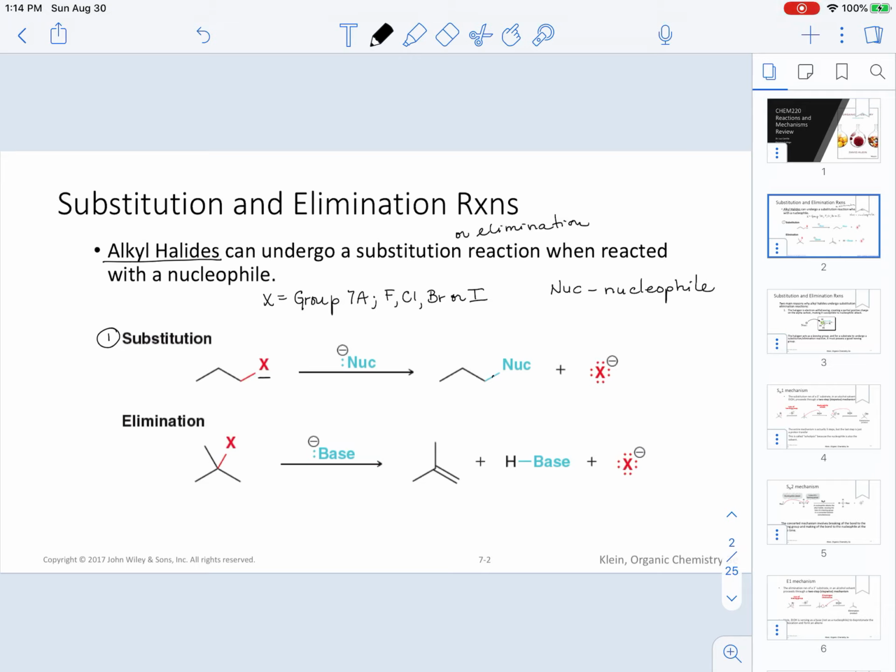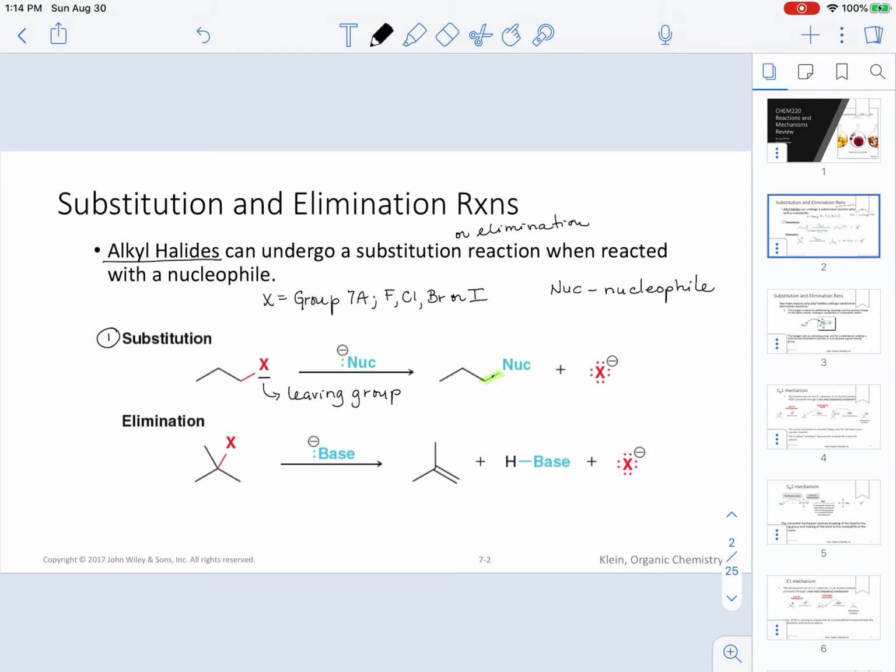Now, because the halogen is leaving the system, our halogen is going to be a leaving group in a substitution reaction. And like I just mentioned, the nucleophile now is going to be bonded, and I'm going to highlight this in green, to the carbon that was attached to the halogen.